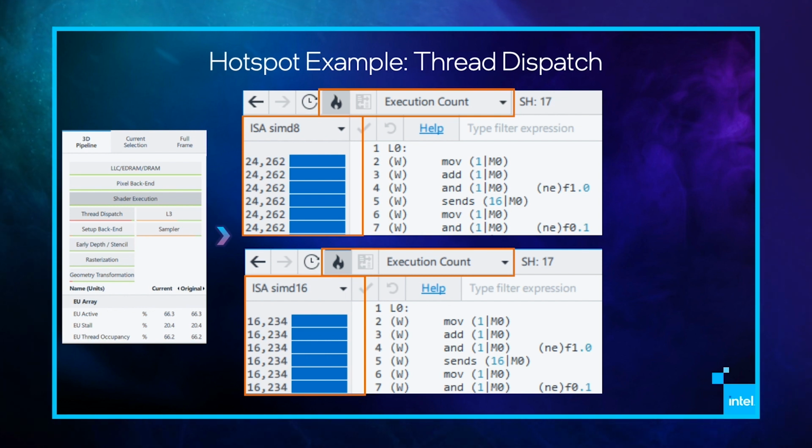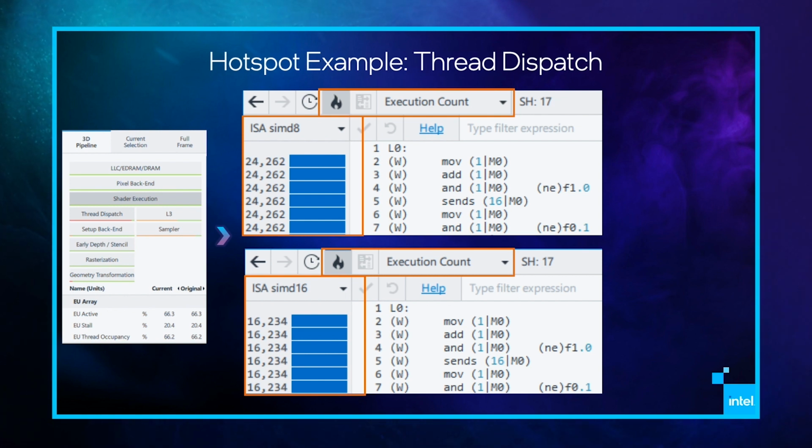And Shader Profiler shows that each instruction in the SIMD8 version was executed 24K times, while instructions in SIMD16 were executed 16K times. This is a 1.5 times difference. As you may guess, it is preferable to have more SIMD16 threads as they perform twice as many operations per single dispatch compared to SIMD8 threads.